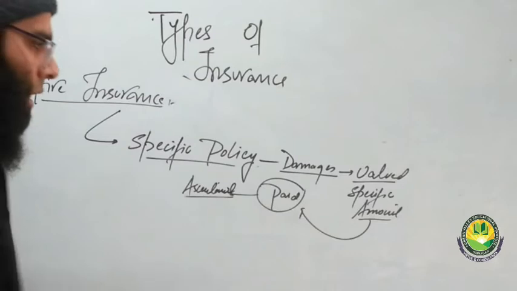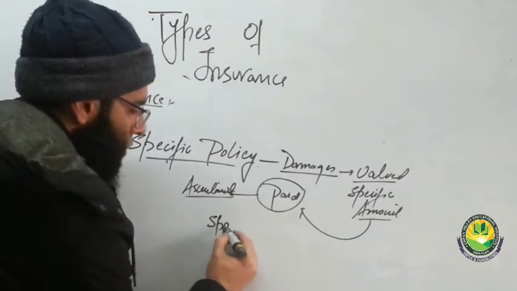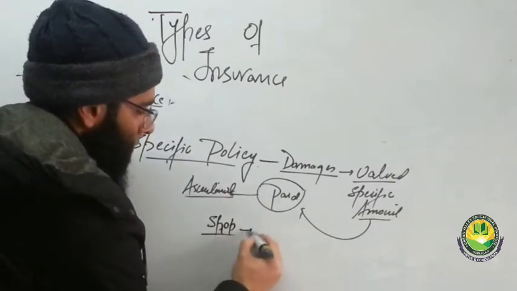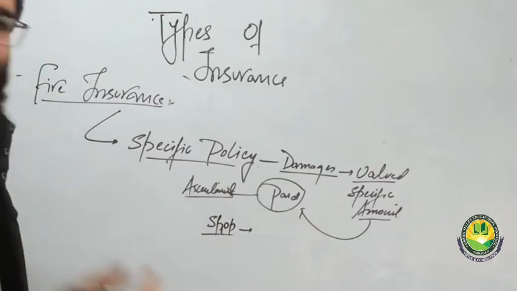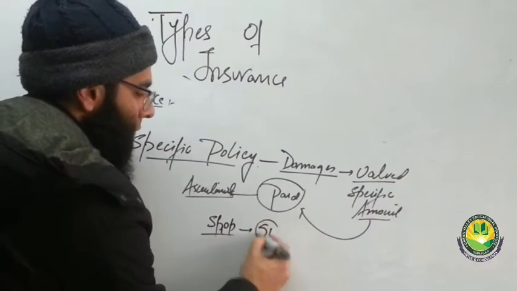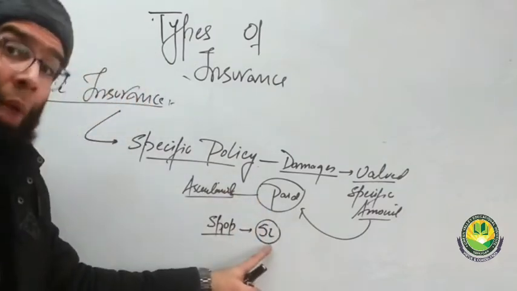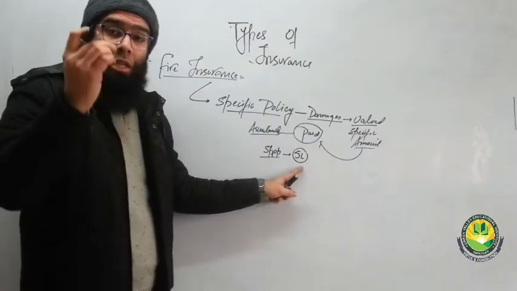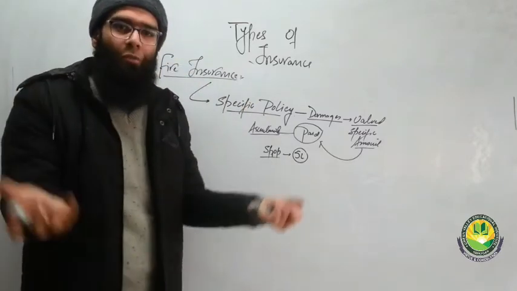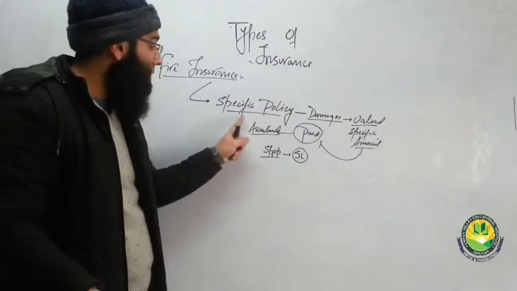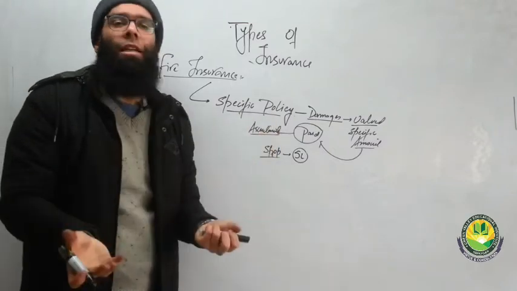If supposedly a shop having goods and a fire was caused, and when we assessed it, the damage was up to 5 lakh. So there is a specific amount to which this policy has valued the damage, and we know the total value of goods. So there is a specific value to the policy itself.